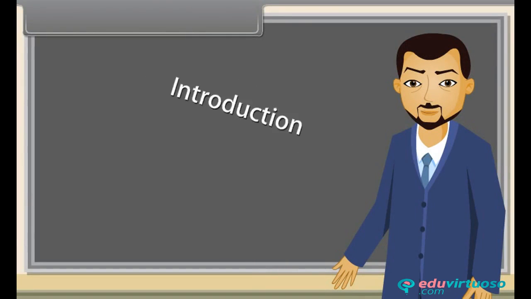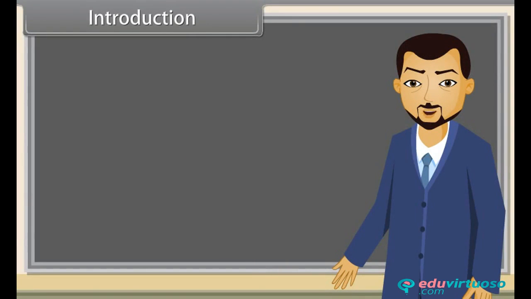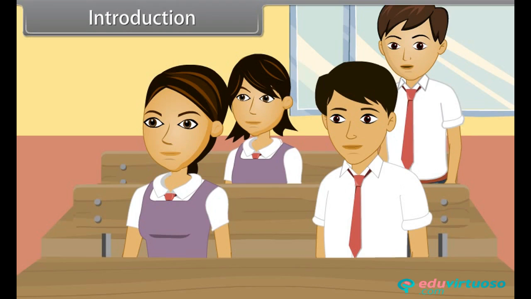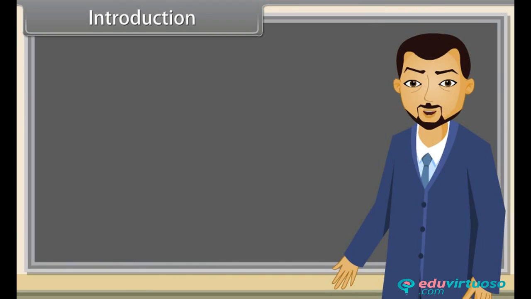Introduction. Students, today we are going to learn biotechnology and its processes. First of all, define for me the term biotechnology. Sir, it is a technology that is used to modify products and make them useful for human life. Very good, Ashish. And what are the processes that we deal with in biotechnology?